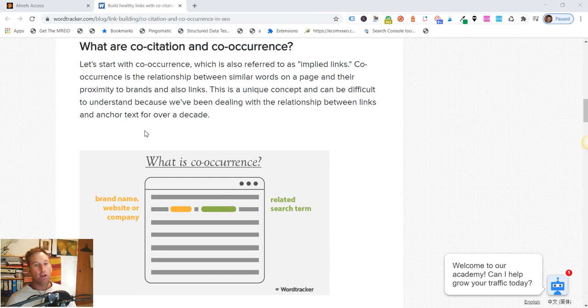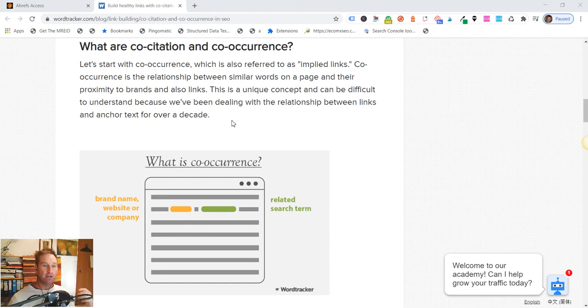So co-occurrence is essentially where your brand is mentioned on a web page with another site or another page, and it doesn't even have to be a link pointing to you or the other page. Let's say your new product or your new store that's been launched is mentioned in the same breath, for lack of a better word, with a very big established branded store in your market.